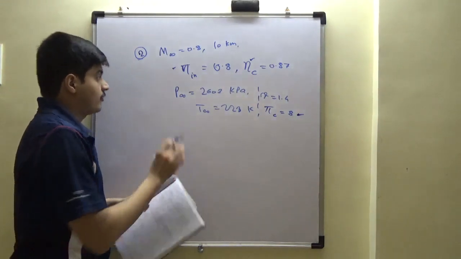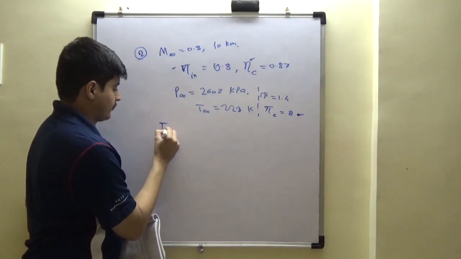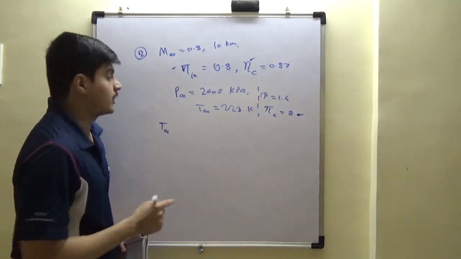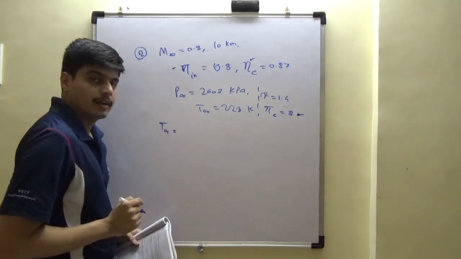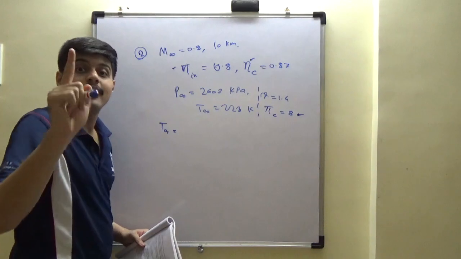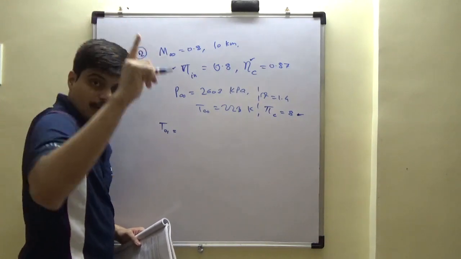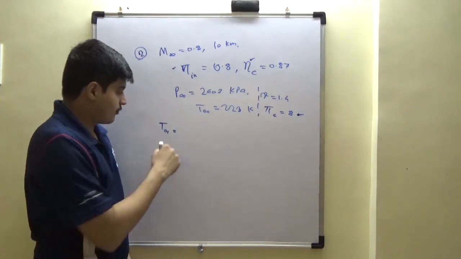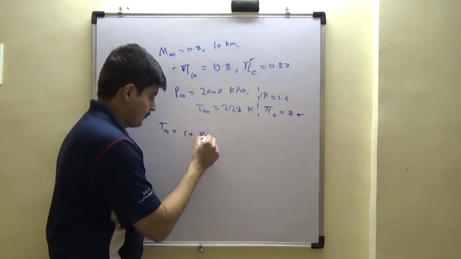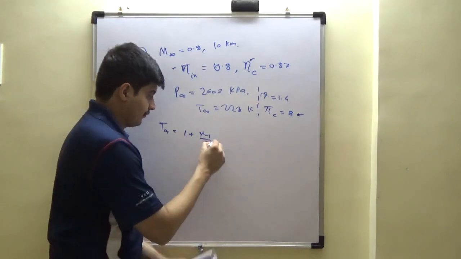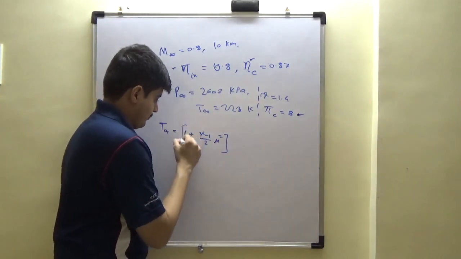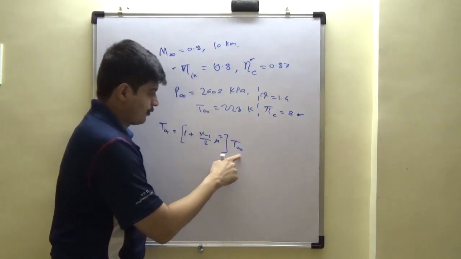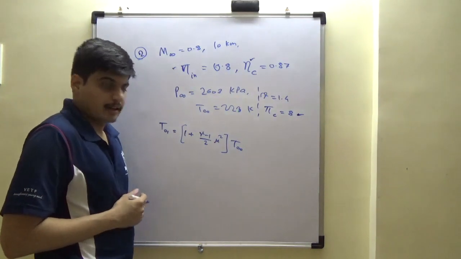Now, first and foremost, T01 at diffuser is assumed through isentropic flow, equations of engine analysis. Diffuser in isentropic flow would slow down the flow with this, clear?